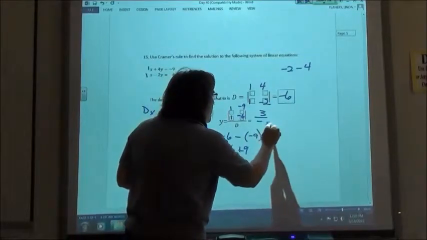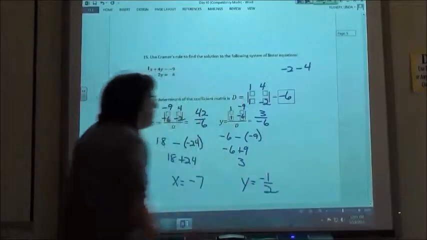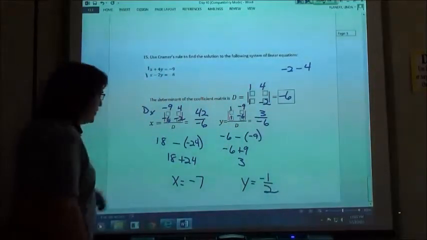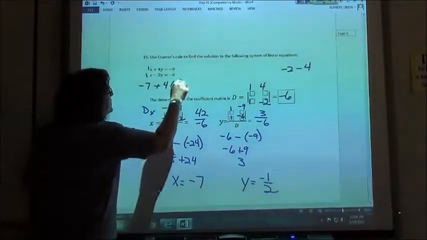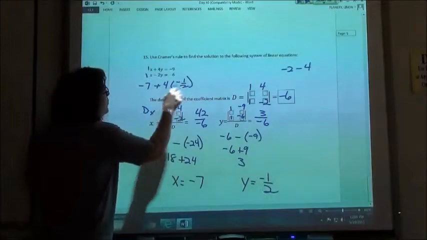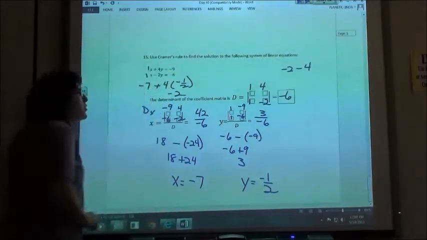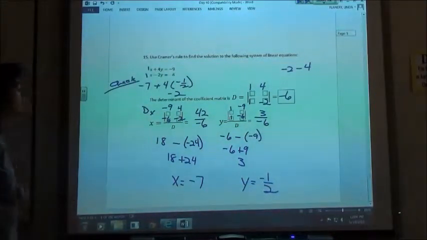So I have 3 over negative 6, so y is going to be negative 1/2. So checking that in my first equation, if I take negative 7 plus 4 times negative 1/2, 4 times negative 1/2 is negative 2. Negative 7 plus negative 2, sure enough, is negative 9. Checks out.